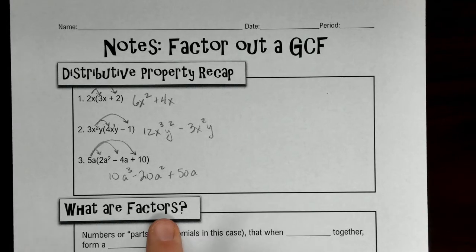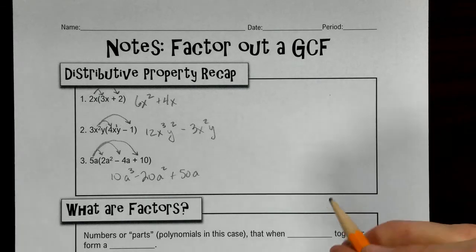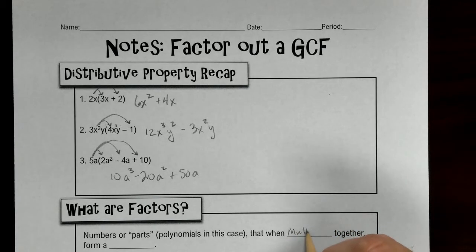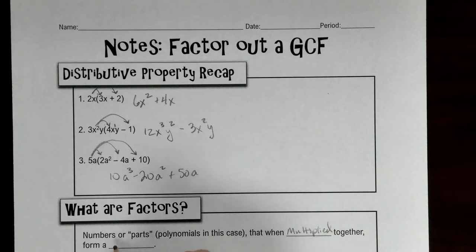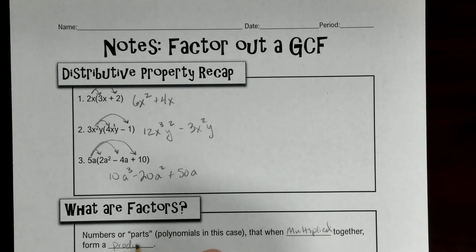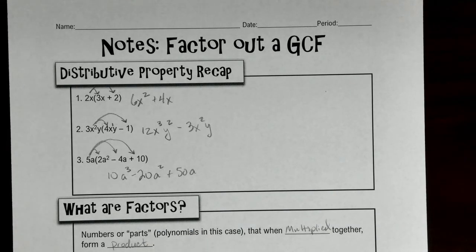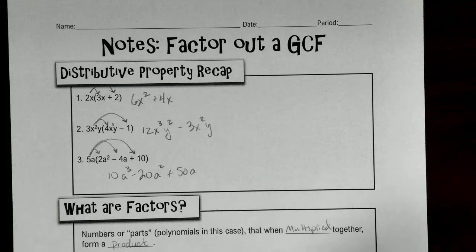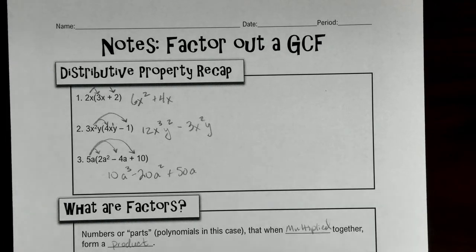What are factors? Factors are numbers or parts that when multiplied together form a product. And then we have what we call prime factors. Those are polynomials that cannot be factored further.